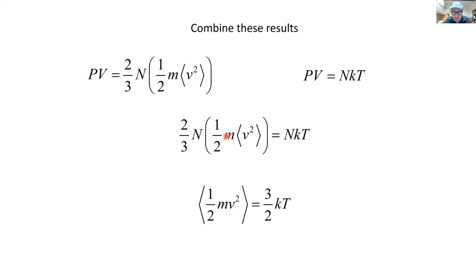It's just a constant, so that's legal, that's allowed. Okay, so look at what we have here. 1/2 mv squared. Well, I'm sure you'll recognize that as the kinetic energy, so we have the average kinetic energy. Average kinetic energy is 3/2 kT. So this is a very important result from kinetic theory.